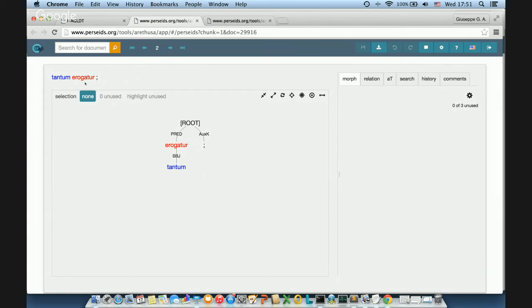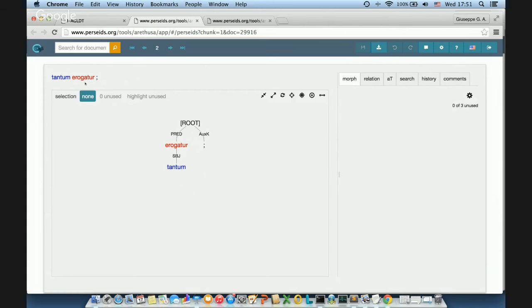So, according to my interpretation, tantum is an adverb here, not really the subject. But I understand, because I know that in some English translations, they translate this sentence as "so much is paid out."